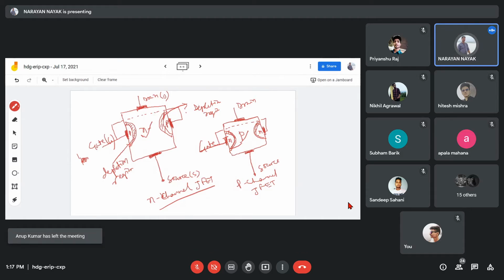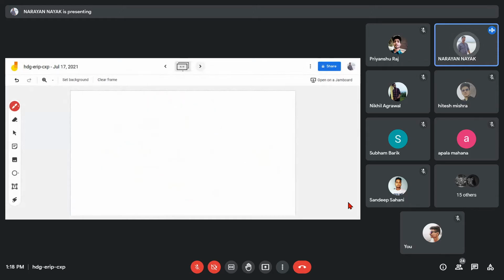Now I'll tell you what characteristic you are getting if you are using an N-channel JFET: how to apply the voltage, how to control the electrons by the drain, and what will happen regarding the drain current. So in the next slide I will discuss condition 1. Just remember what we are doing here. We are applying the VGS.